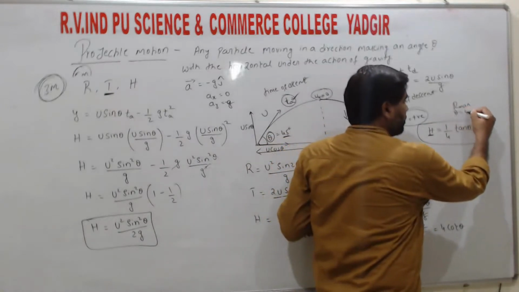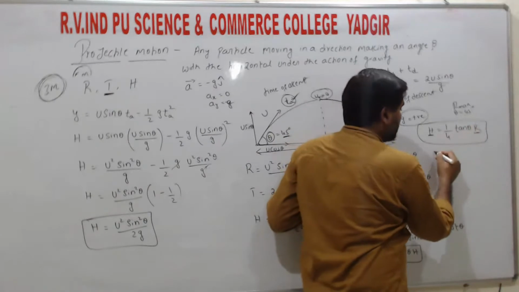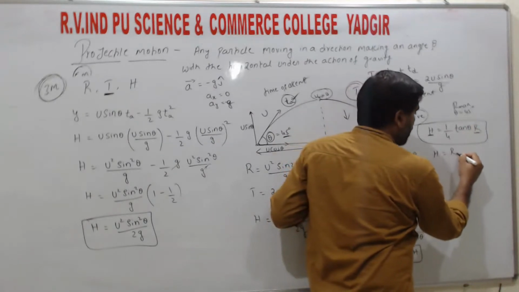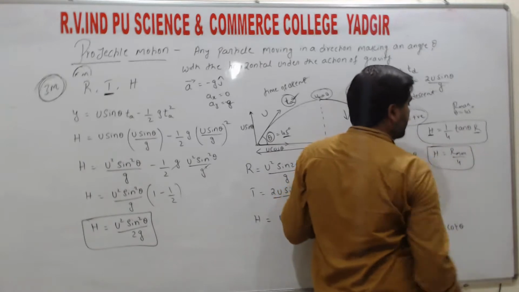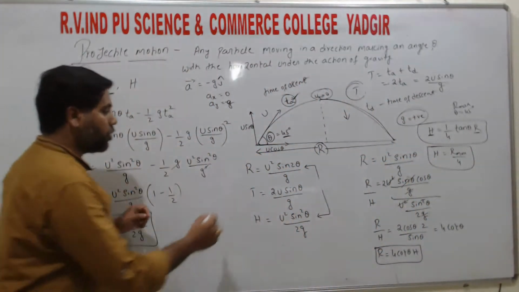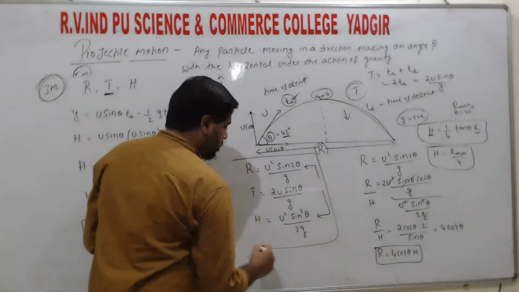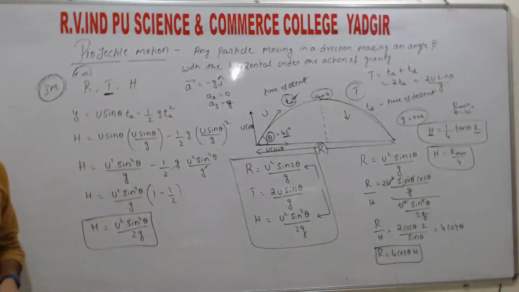So tan 45 is 1, that is h is equal to r maximum by 4. This is for the maximum range, right? So these three formulas are important. Almost all the problems will come under these formulas, right?